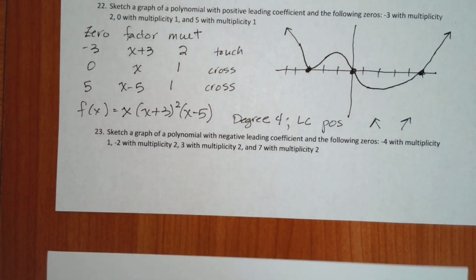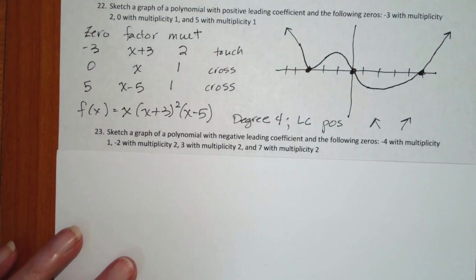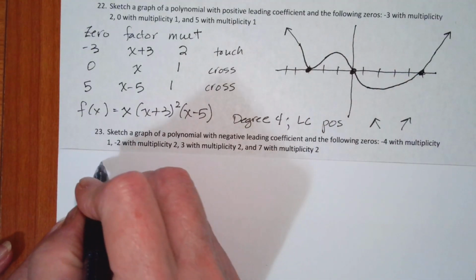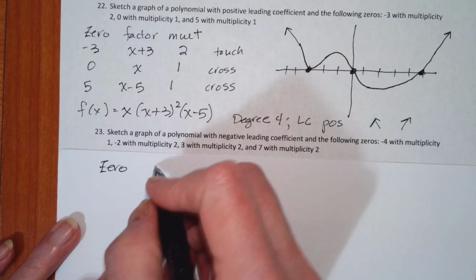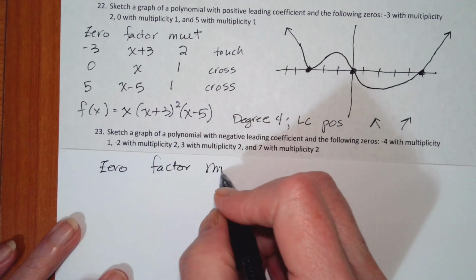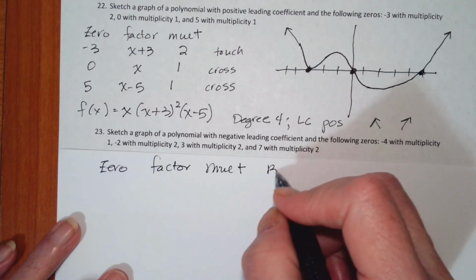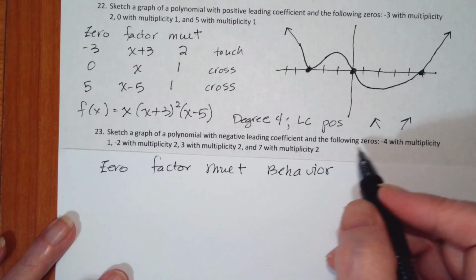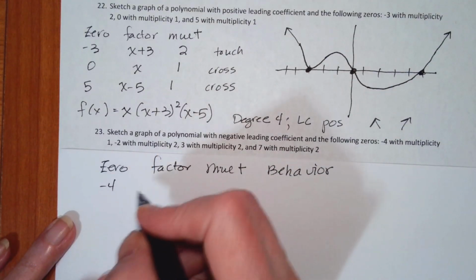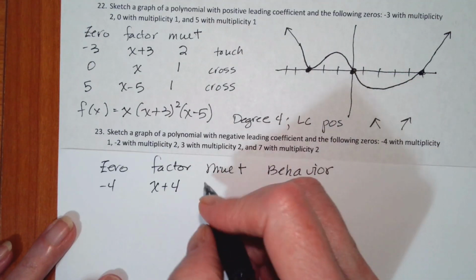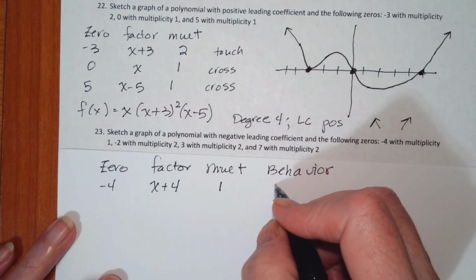All right, then our very last problem, sketch a graph with a negative leading coefficient and the following zeros. So I have a 0. What is the factor? What is the multiplicity? What is the behavior? So I have a 0 of -4, which tells me the factor is x plus 4, has a multiplicity of 1, so it's going to cross.